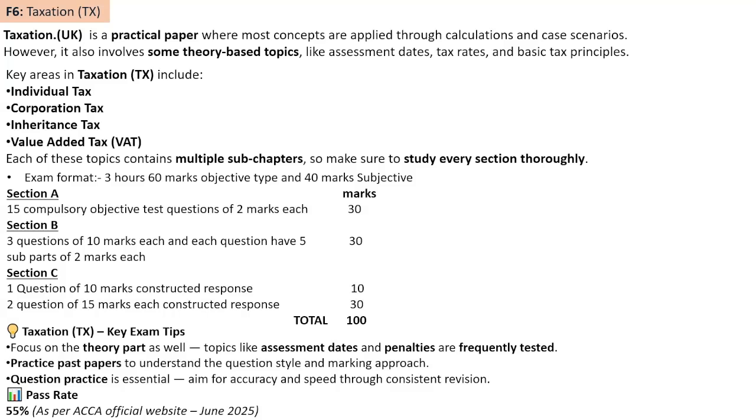Question practice is very essential in taxation. Aim for accuracy and speed through consistent revision, because taxation is a lengthy subject and you have to manage the time, so please try to build speed. The pass rate is 55% as per the official website for the June 2025 attempt.